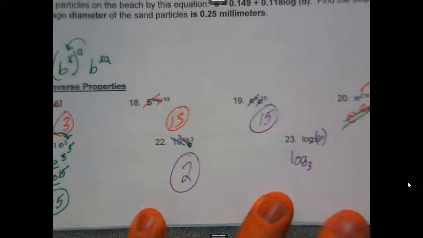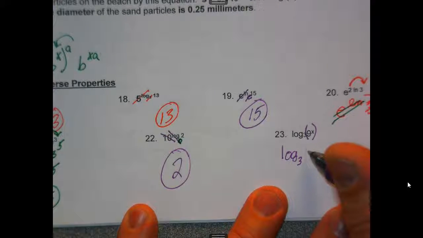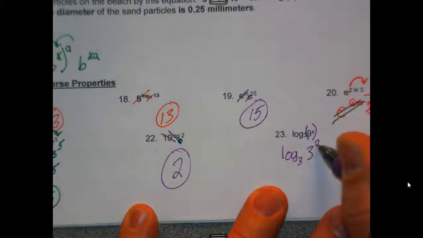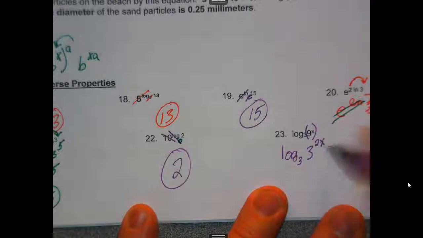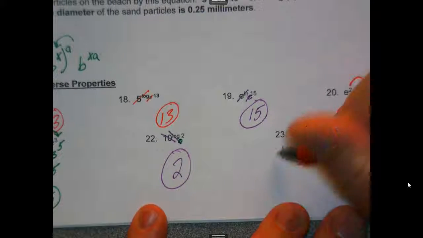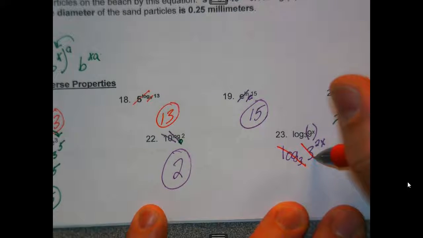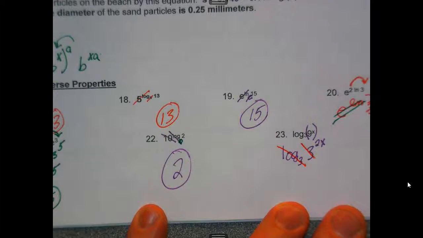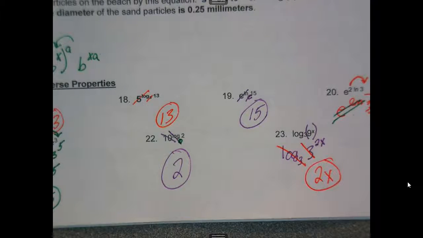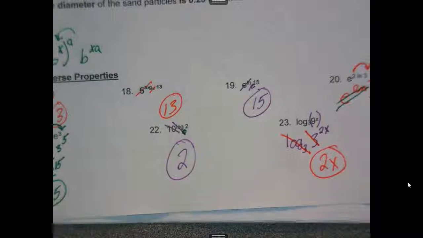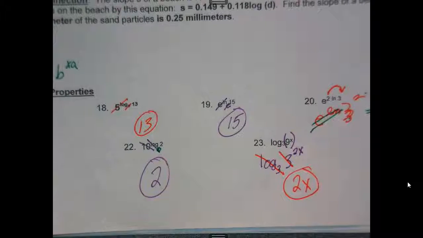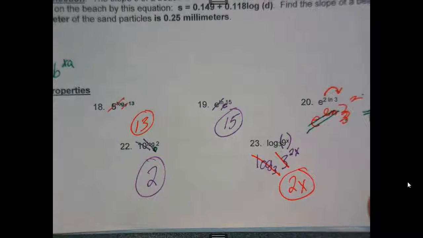Okay, square root. So what is it? 3 squared, right? Don't forget the x. So log base 3 cancels out power base of 3, and I'm left with 2x. Okay. It's easy, but you really got to pay attention and not talk in a group or play video games.